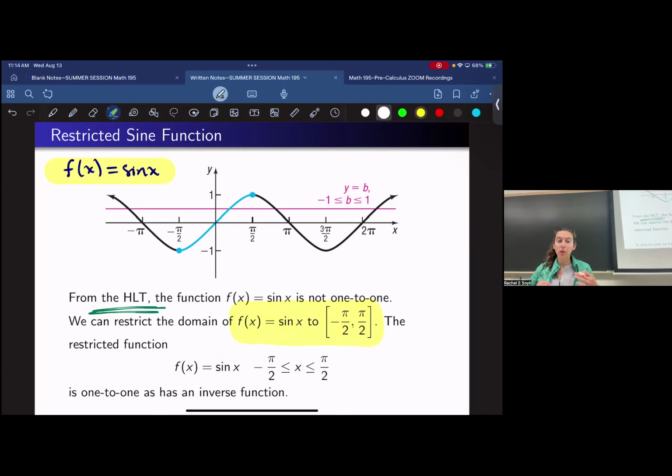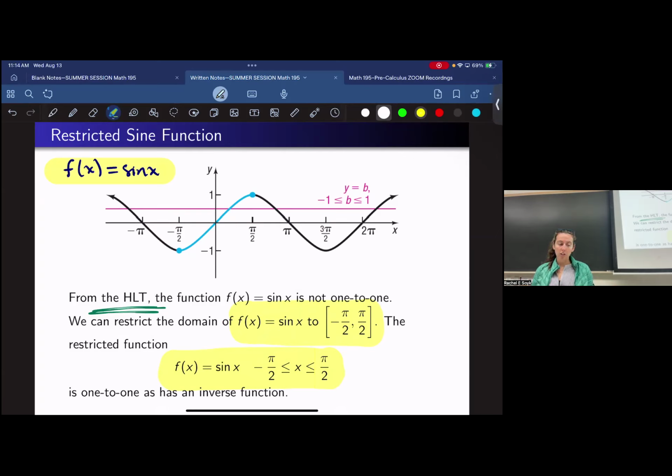And you'll notice as we go through our three famous trig functions, our domains are going to be restricted at different points depending on what function we're talking about. If we're talking about sine, it's negative pi over 2 to pi over 2. Cosine, we'll look at it in a moment. That's actually going to end up starting at 0.